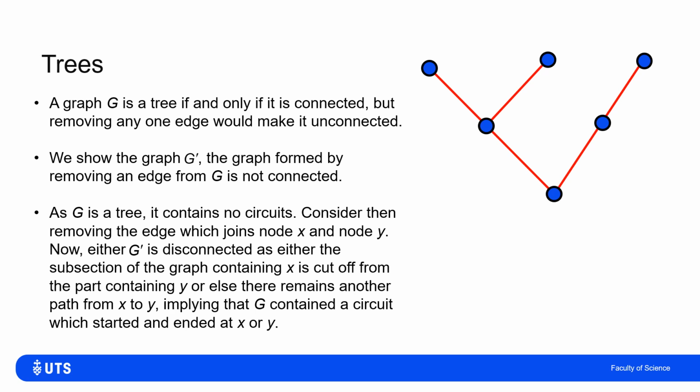Or the other option is that they are still connected, but then there's another path from X to Y. So if there's another path from X to Y, then there were two different paths from X to Y in G, so G wasn't a tree in the first place.